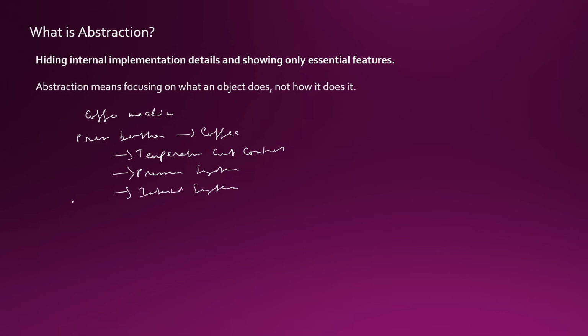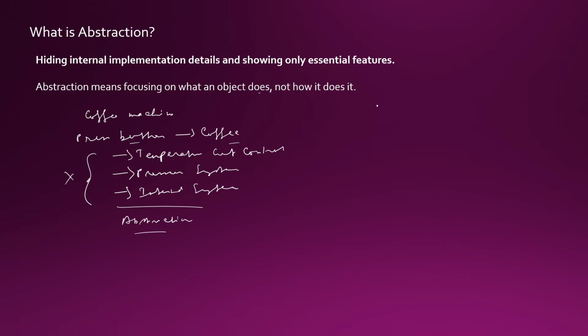Do you know all these things? No, you don't know all these things, right? It is completely hidden from the user. The user just comes, presses the button and gets the coffee. But in the backend, all these things are happening. So this is called abstraction.